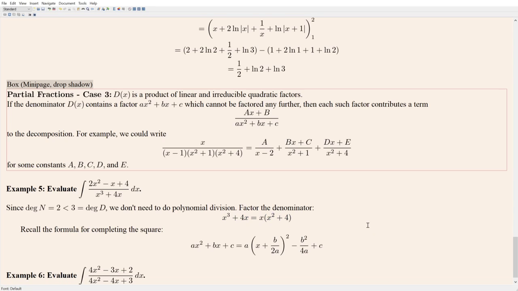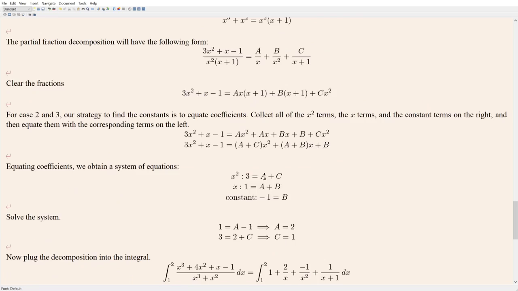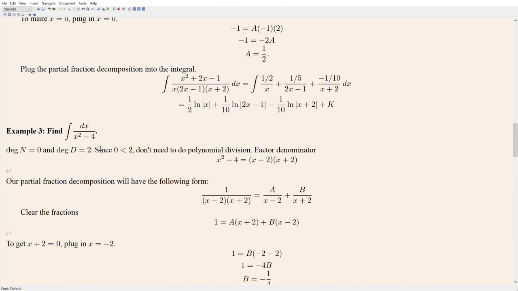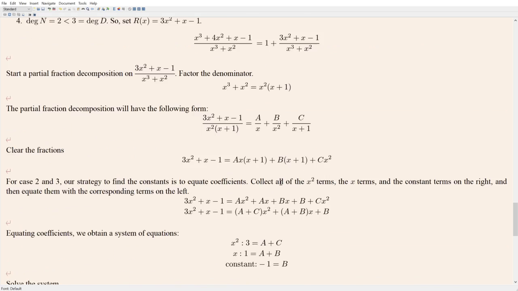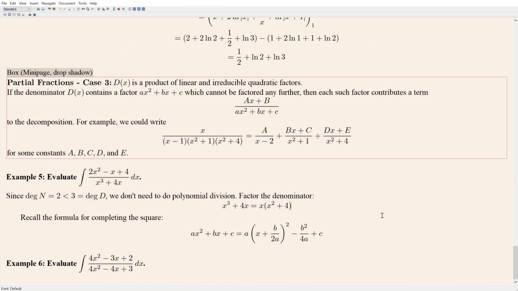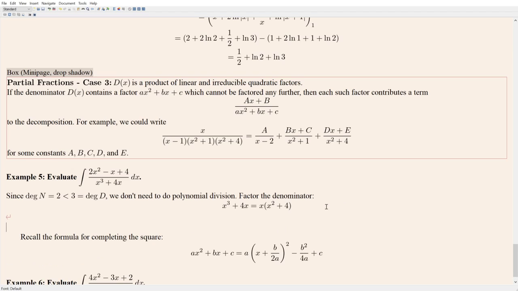X squared minus 4 can be factored, right? That's a difference of two squares, so that turns into x minus 2 times x plus 2. But a sum of two squares cannot be factored, at least not without introducing imaginary numbers. Okay, so we have a single linear factor and a single irreducible quadratic factor.